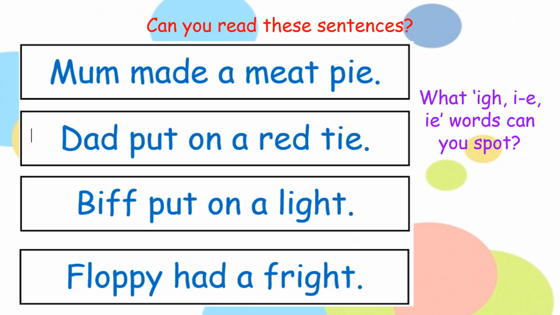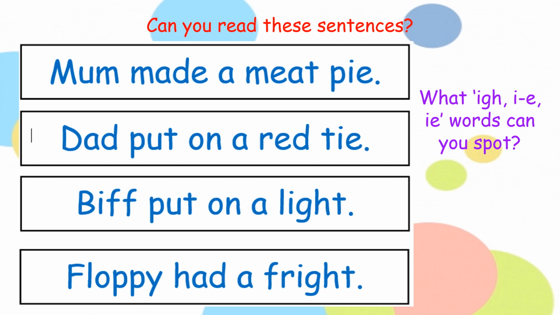Now I have some sentences on your screen and I would like you to pause the video and use your sounds to read these sentences. Okay, your first sentence says, Mum made a meat pie. Your second sentence says, Dad put on a red tie.